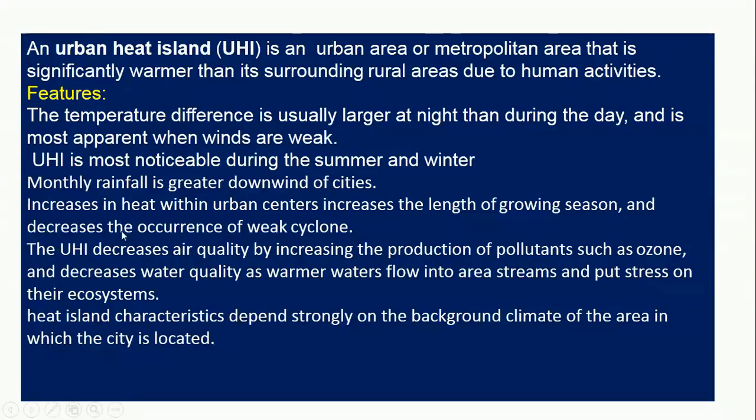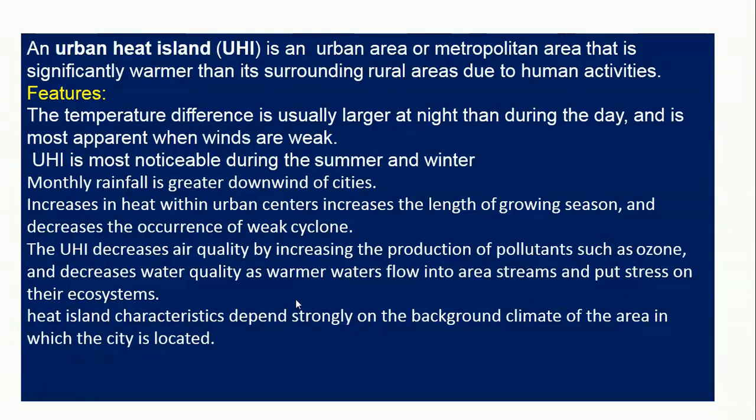There is sometimes an occurrence of weak cyclones and pollution, decreasing air quality, and also the production of pollutants such as ozone and a decrease of water quality, as the water also gets warmer in the city areas, and the comparatively warmer water flows and causes the deterioration of the ecosystem.